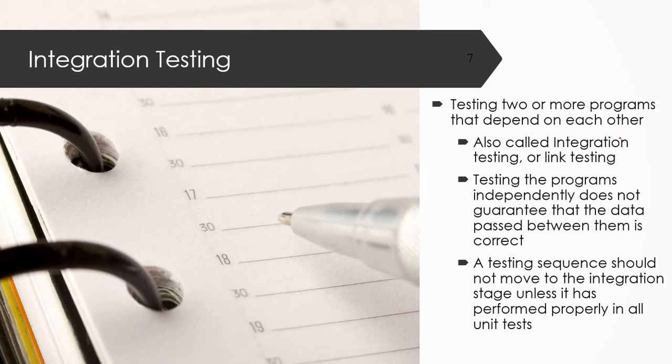Integration testing. Sometimes it is called integration and sometimes we call it link testing. It is actually a testing procedure where it tests two or more programs that depend on each other.